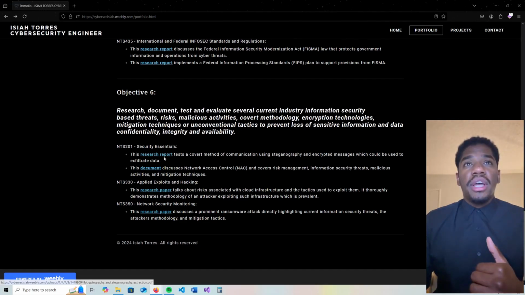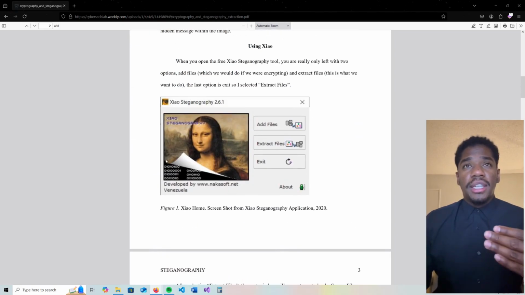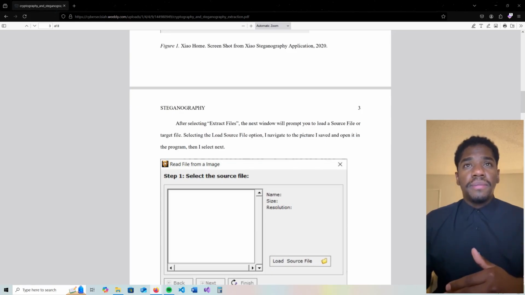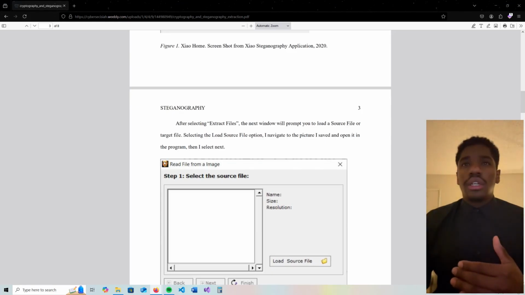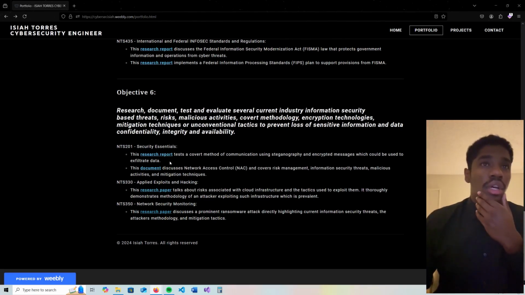I learned all about that, how to use a steganography tool and what it means if someone has that tool on their computer. This is a great covert way to exfiltrate data and communicate privately. And not only do you have to find the data, but you have to find the encryption password as well. So that was an interesting encryption technology I learned about.